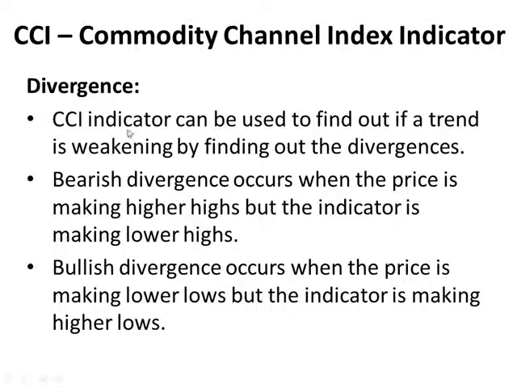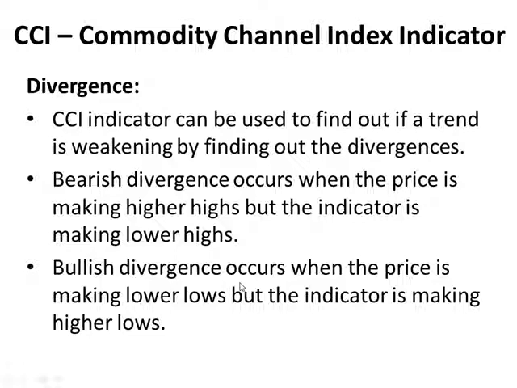Divergence. CCI can also be used to find out if the trend is weakening by finding the divergences. Again, divergence is of two kinds: bearish divergence and bullish divergence. Bearish divergence occurs when the price is making higher highs but the indicator is making lower highs.